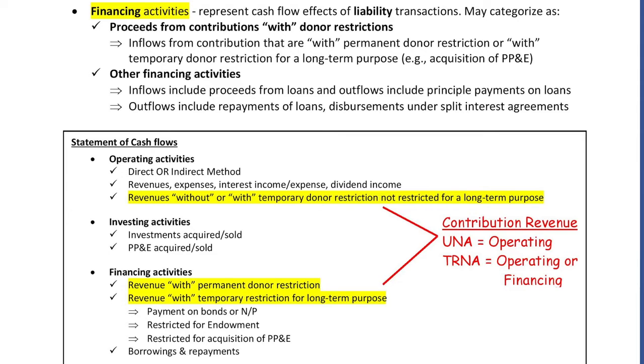So if it's a short-term purpose, operating. If it's a long-term purpose restriction, then it's financing. However, if it's PRNA, that's a permanent donor restriction, then it is financing cash flow.